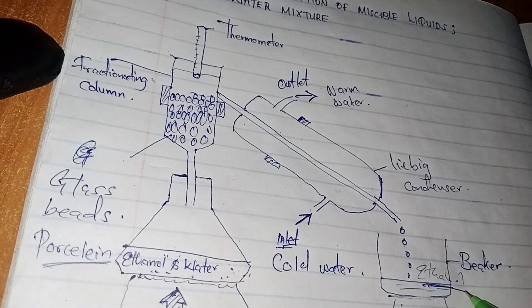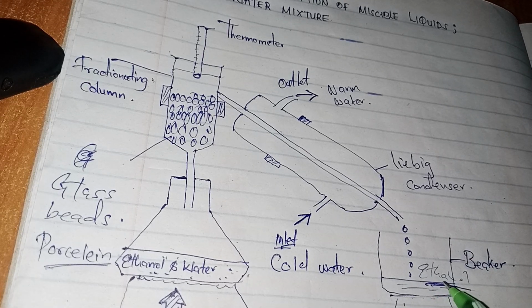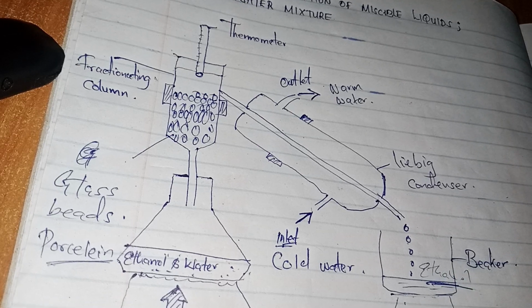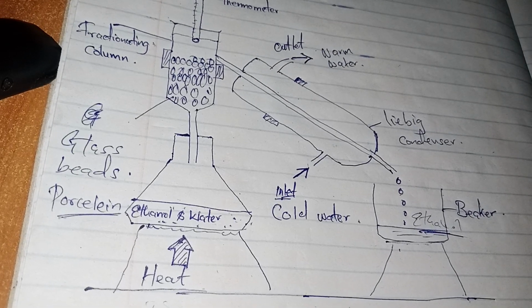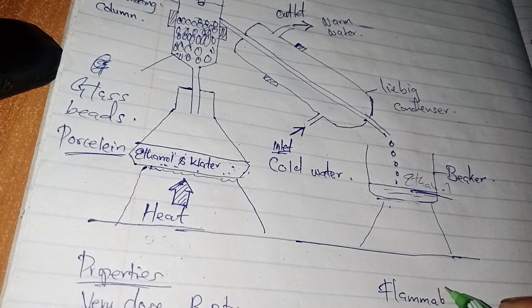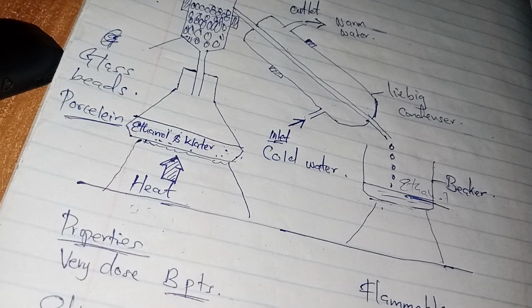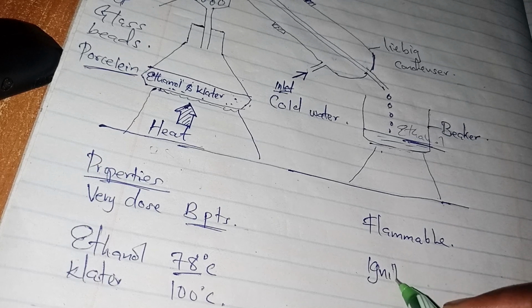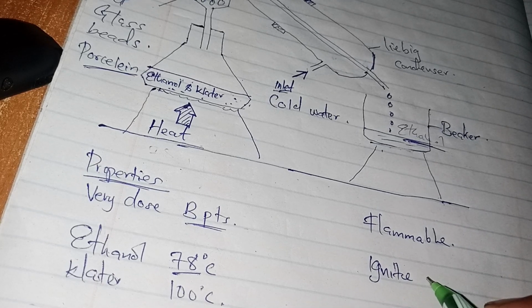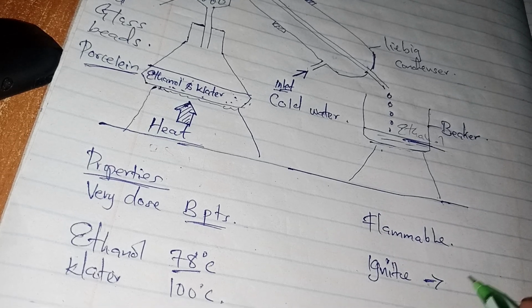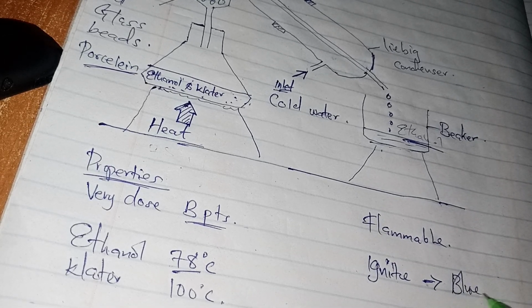But we have to confirm at this far end. Remember, ethanol is a type of alcohol, and alcohols have properties such as being flammable. When you ignite ethanol, it will burn with a blue flame.